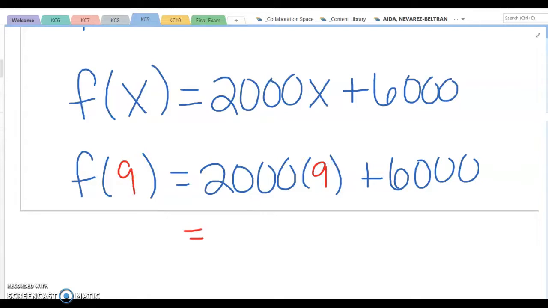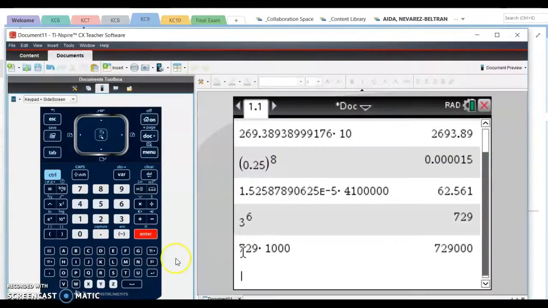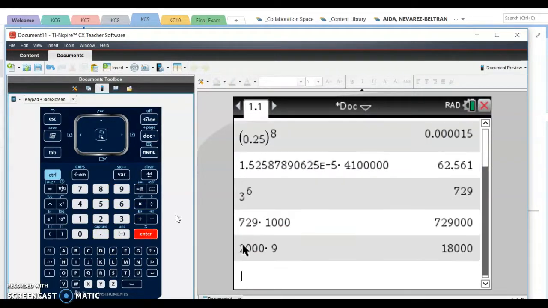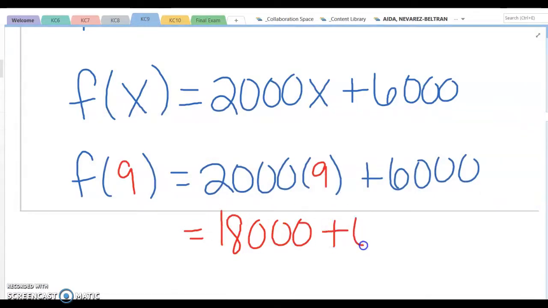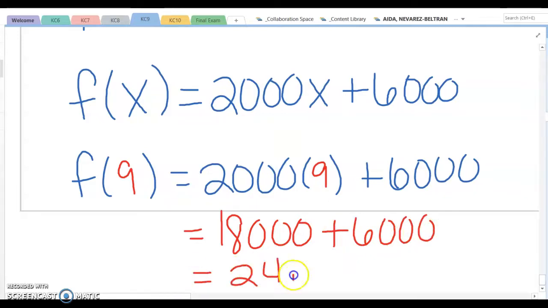So we're doing 2,000 times 9 plus 6,000. 2,000 times 9 is 18,000, and then plus another 6,000 puts us at 24,000.